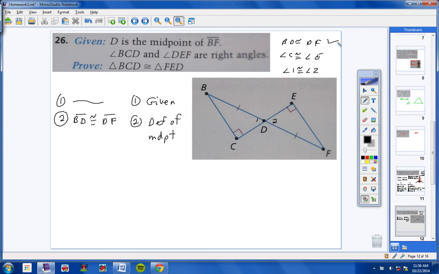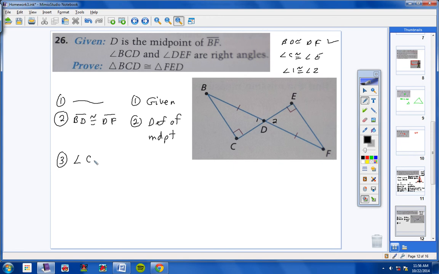Check that off. Now, I'm told that angle BCD, which is angle C, and angle DEF, which is angle E, are right angles. So that's in my given. Since I've already stated these two angles are right angles, I can definitely state they're congruent.